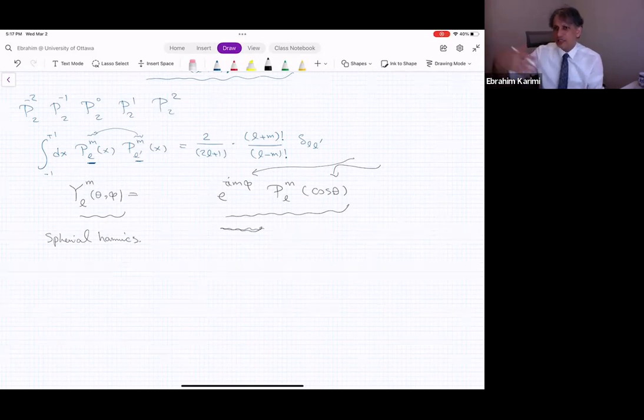The idea is that they got it from the harmonic oscillators, which form a complete basis, the Fourier expansion that you have. Okay, so P_L^M of cosine theta times e^(imφ) form a complete basis in the theta and phi space.